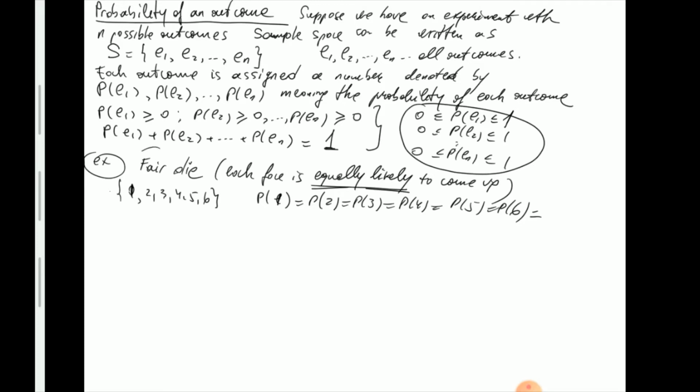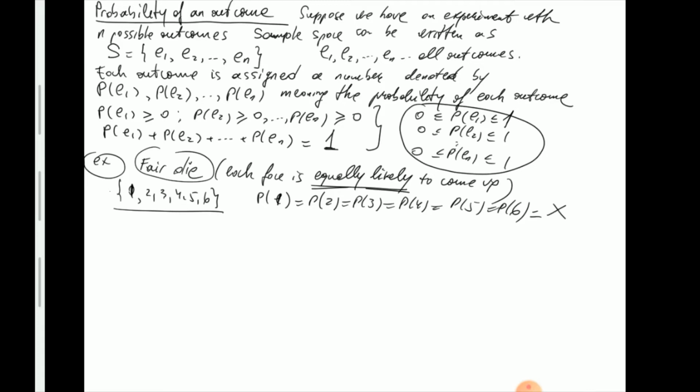So we roll a fair die. We know that each face is equally likely to come up. So then we have to come up with some probability assignments for each outcome. How many outcomes do we have? We have 6 possible outcomes. If each of them is equally likely, the probability of each of them should be equal to each other. Let's pretend we don't know what it is.